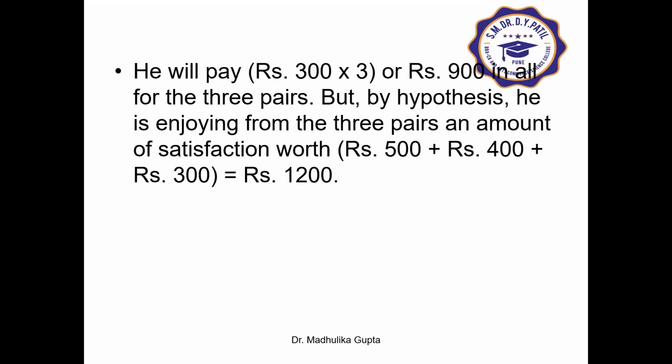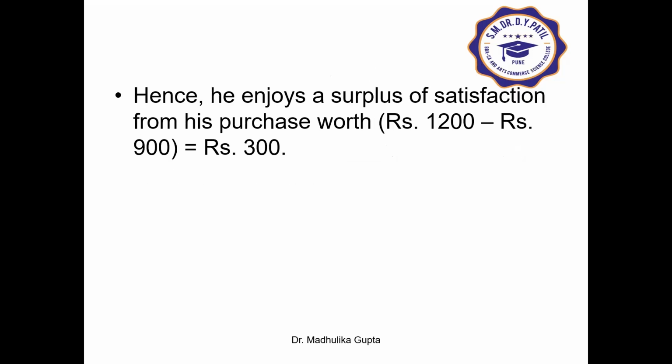Understood? So consumer surplus is measured by the difference between total utility and the total expenditure made by the consumer on the shoes. The total utility was 1200, total expenditure was 900. So consumer surplus is 300. So it's the difference between individual demand price and the market price. Understood?